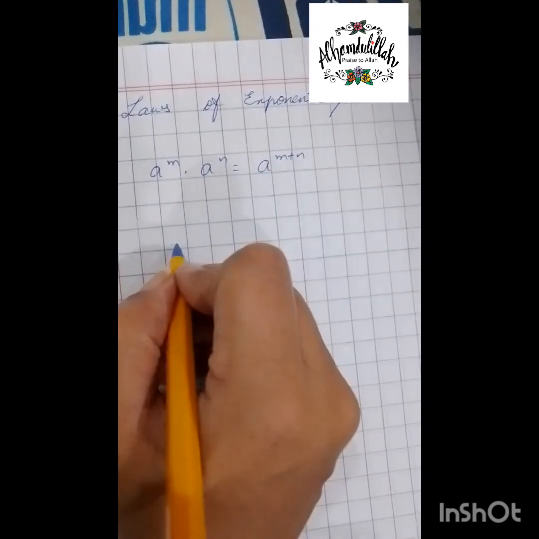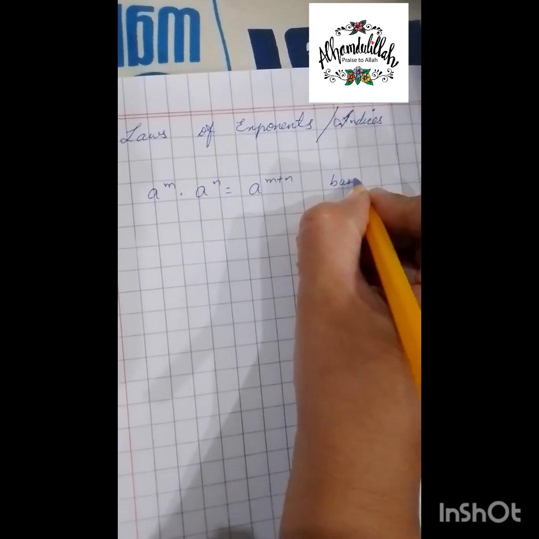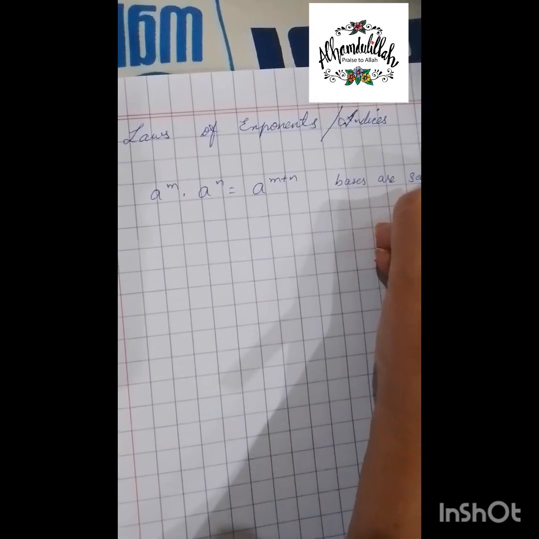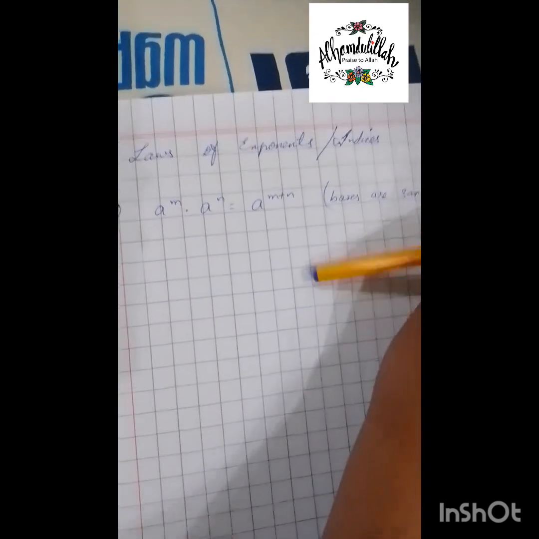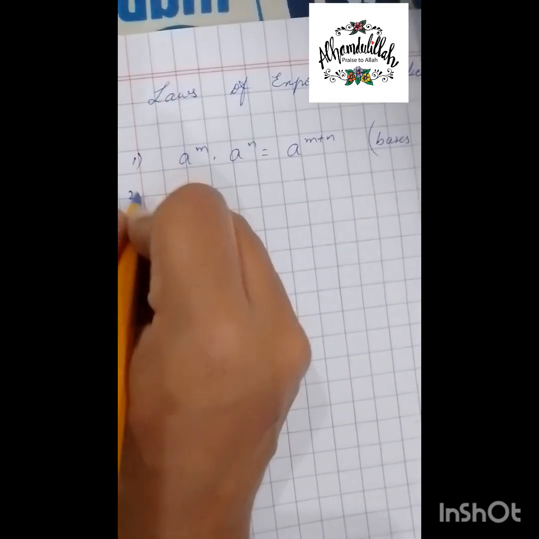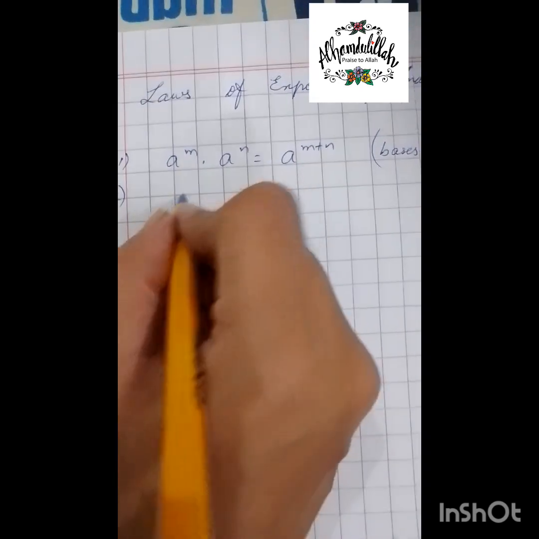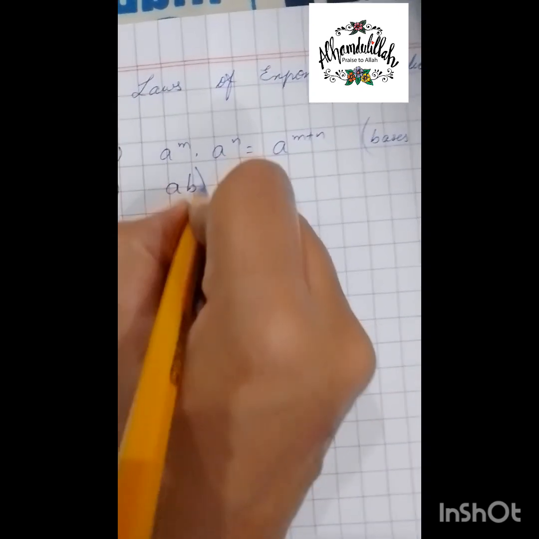First one is a raised to the power m times a raised to the power n, and here we know that if the bases of the variables are the same, then we will add up the powers.